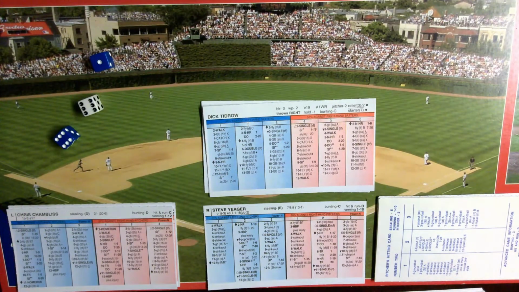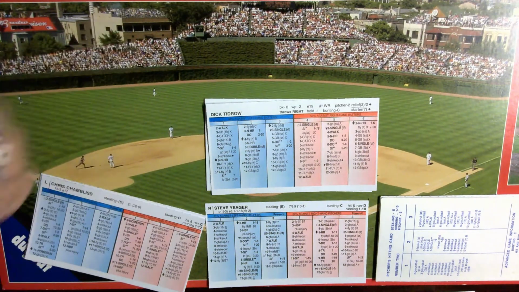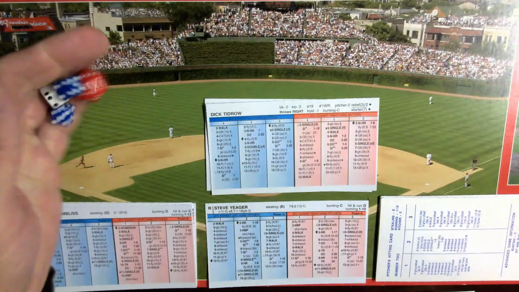The pitch is a 6 and a 7 against a right-handed batter. 6 and a 7 is a ground ball, second base X. So Randolph has an opportunity to make the play. Randolph is a 218. Sorry guys, keep getting my cards.